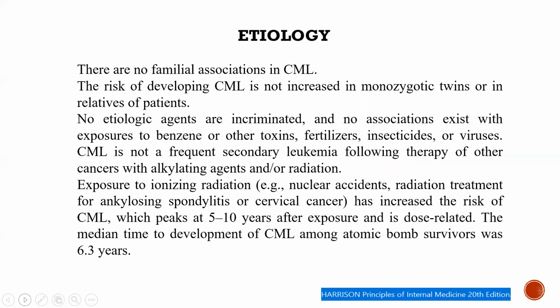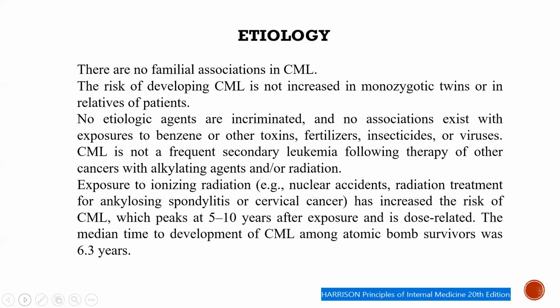There is no familial association in this type of leukemia. The risk of development is not increased in monozygotic twins or in relatives of the patient. No etiological agents are incriminated, and no association exists with exposure to benzene or other toxins, fertilizers, insecticides, or viruses.